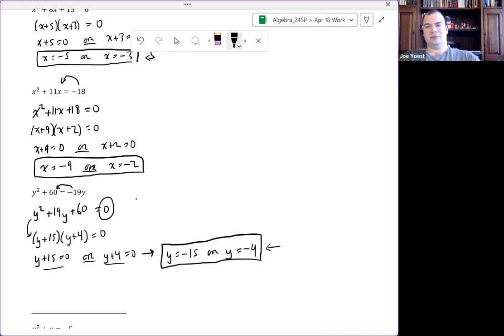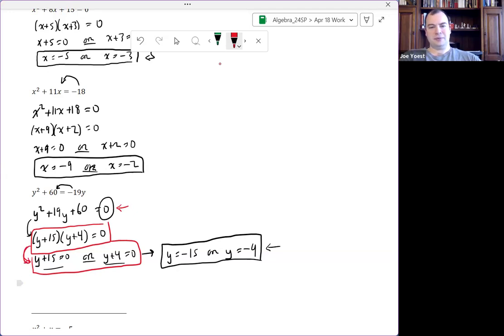Really, the only new thing here is going from here to here. It's understanding why we need a 0 on the right-hand side, or whichever side we decide to put the 0 on, so we can use the zero product property, and then factoring and using the zero product property. So we need to set ourselves up to use the zero product property, and then we need to use it.